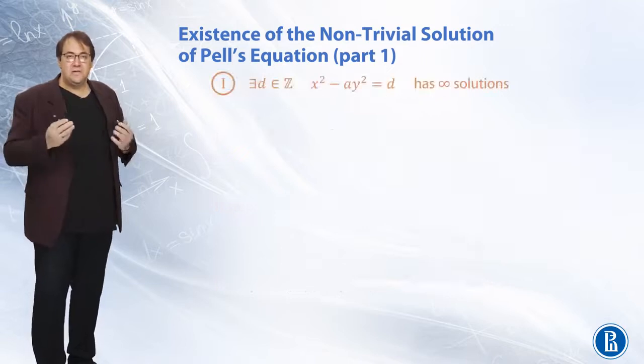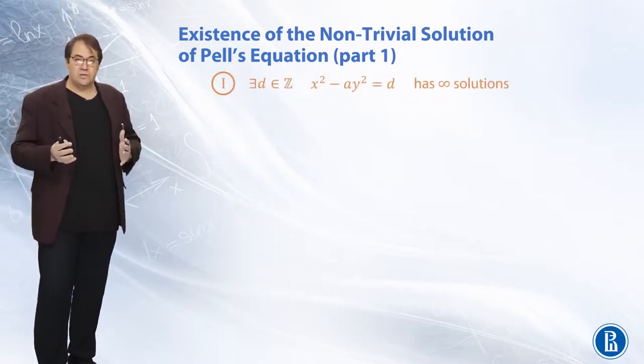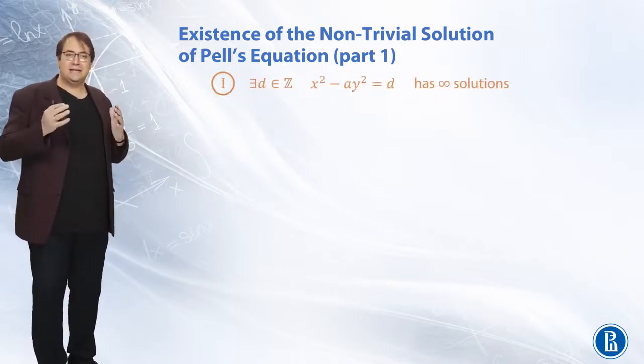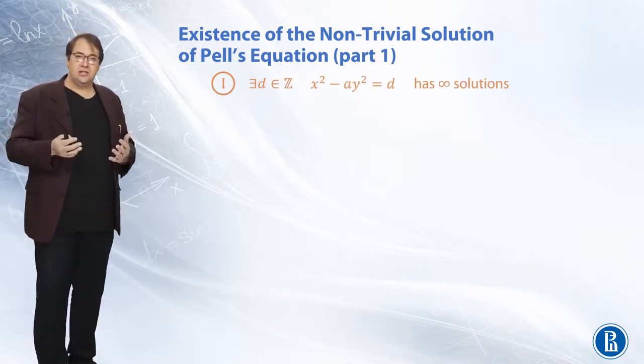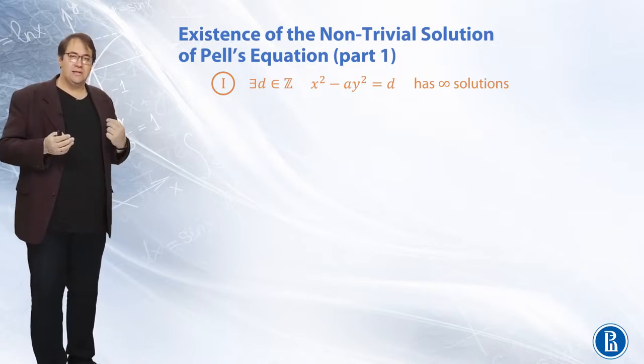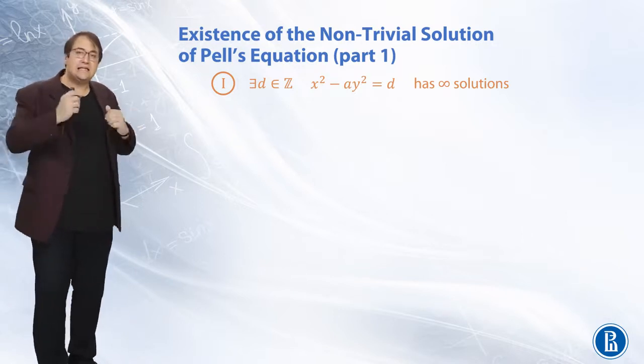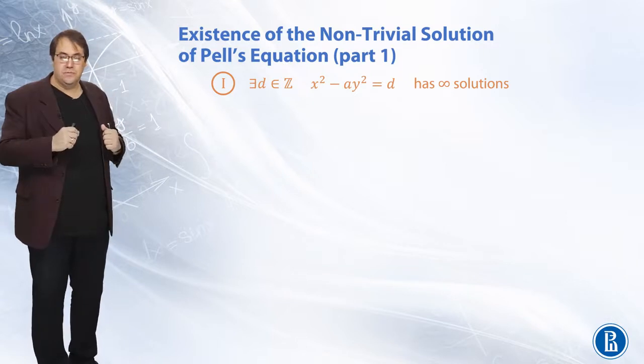Let's proceed to the first part of the proof. We need to show that there exists an integer d such that the equation x squared minus a y squared equal to d has infinitely many solutions.